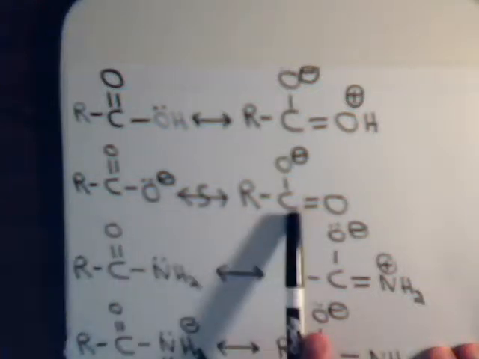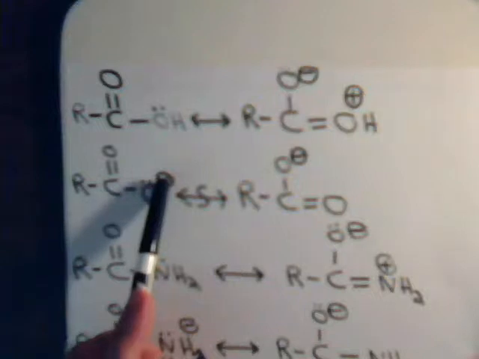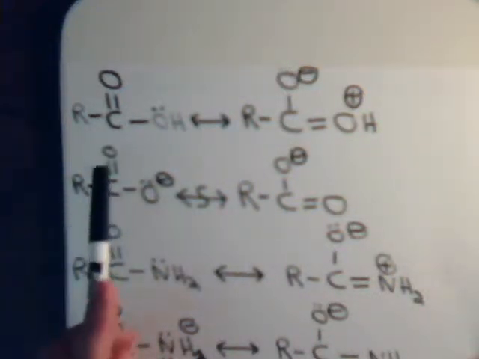Here is the resonance. Now, the reason why it's so strong is unlike what you saw in some of the other videos, there's no charge separation. For example, there's no positive charge here and then a negative charge here, or maybe a positive charge here and a negative charge somewhere else.